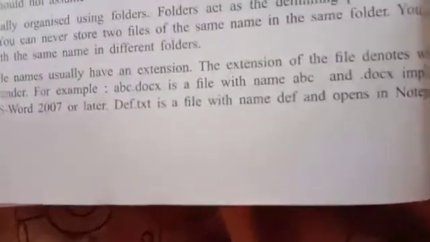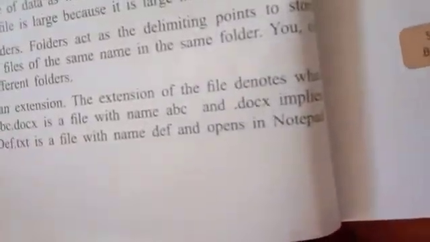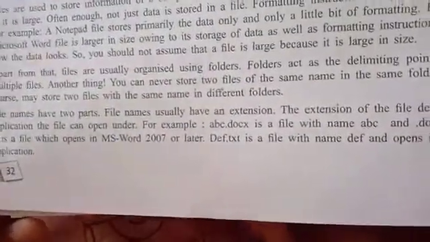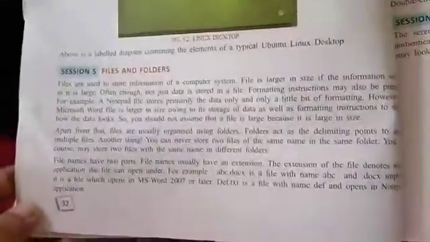Now here def is the file name and .txt is the extension that opens in the Notepad application. Because of Notepad, the extension is .txt. Now children, 3.4 is finished.